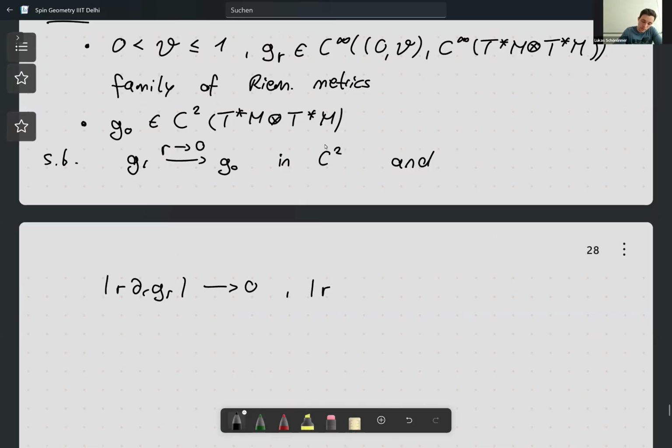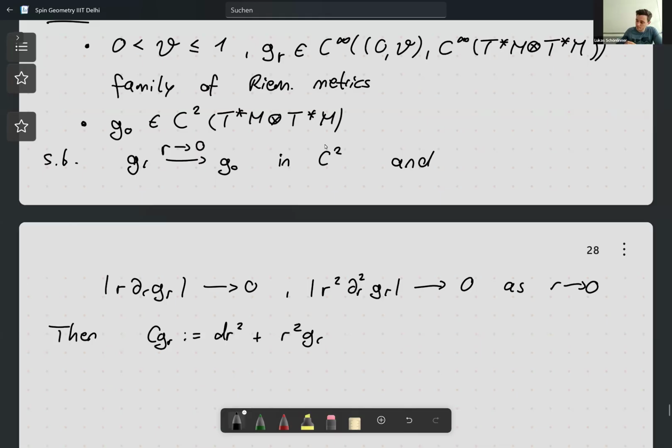And for the second derivative, it can even diverge more. Then the metric dr squared plus G_r, which is defined as the warped product metric, or let's say generalized cylinder metric on (0, theta) times M, is called a generalized cone metric.